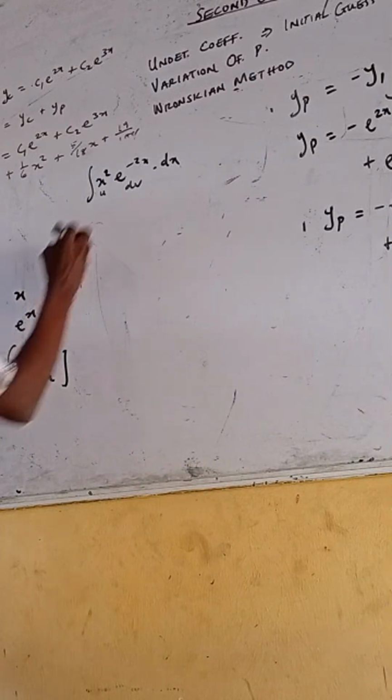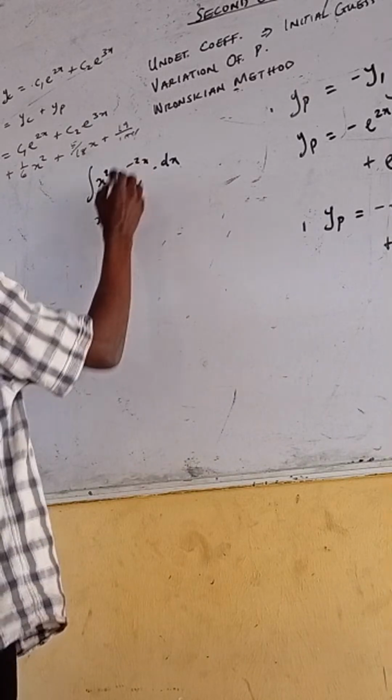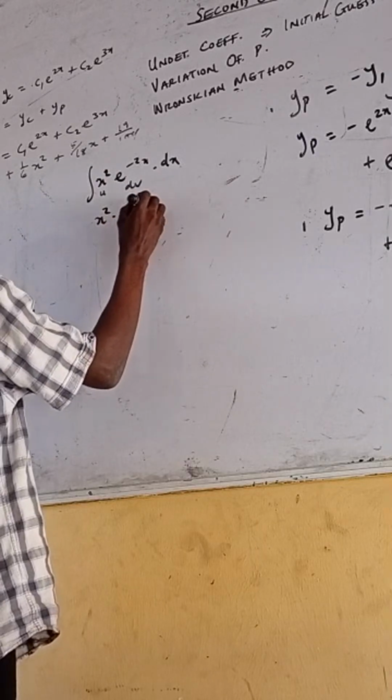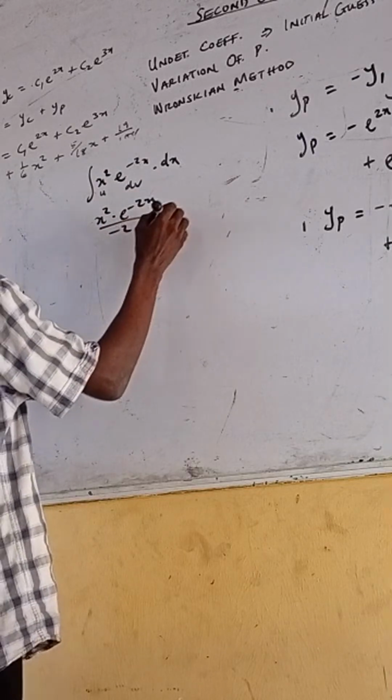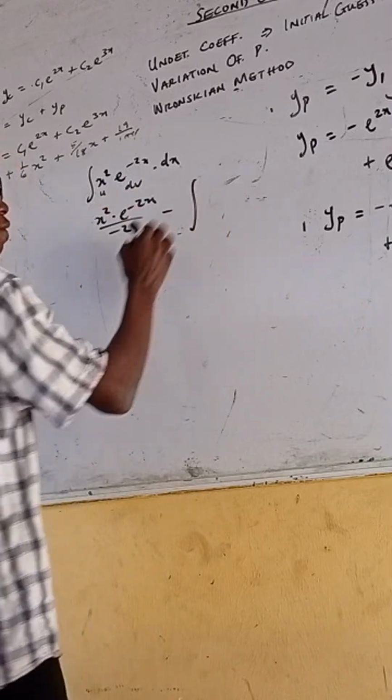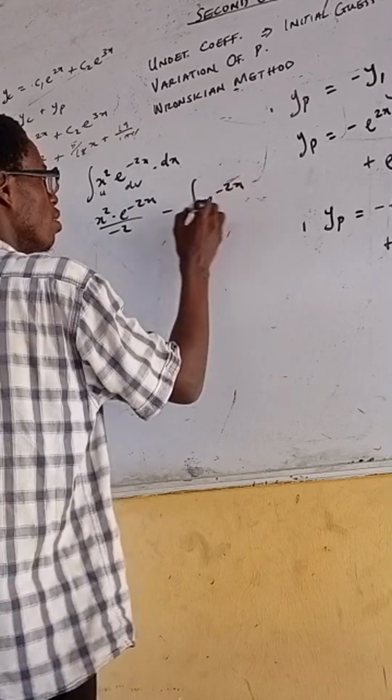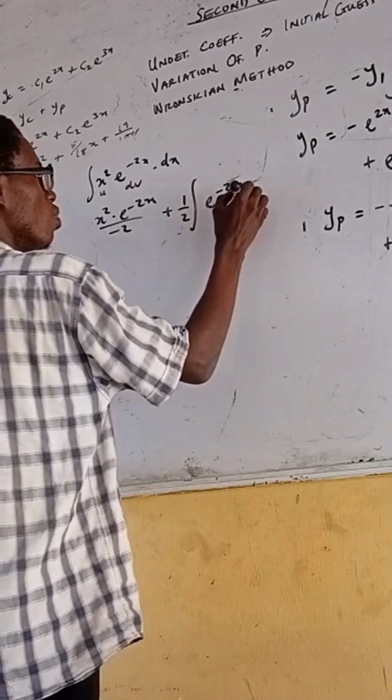So what's my u? x squared. My v is e to the minus 2x over minus 2, minus the integral of v du.